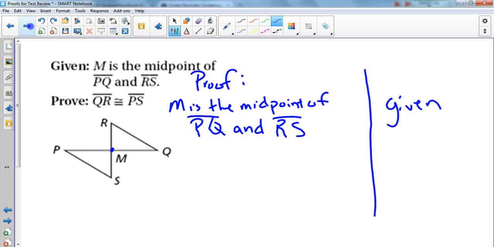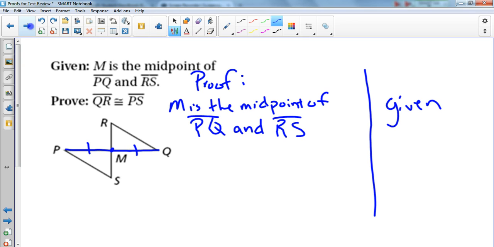Okay, so now we don't have any straightforward given that some sides are congruent to sides or angles are congruent to angles. All we're given is that M's the midpoint. So we have to take that fact and use the definition of midpoint to do some side congruency, because midpoint is a side idea. So let's first tackle, since M is the midpoint of this segment PQ, what that means is M has to be equidistant to both endpoints P and Q, which means this half segment PM has to be congruent to this half segment MQ, right?